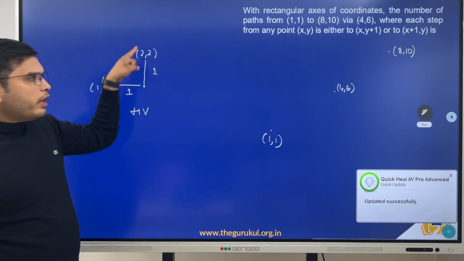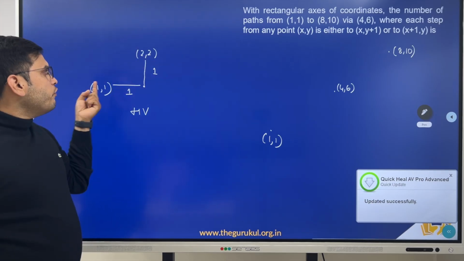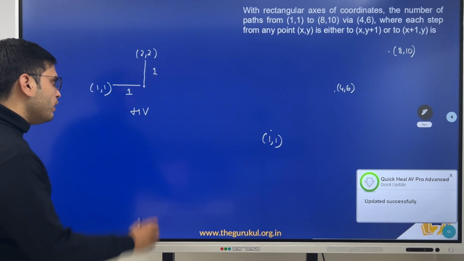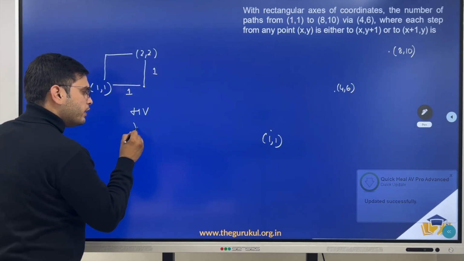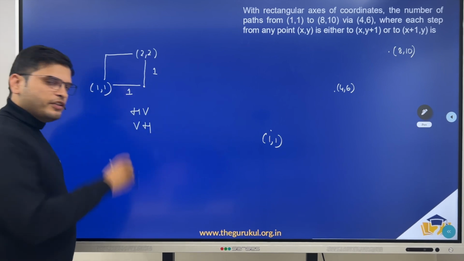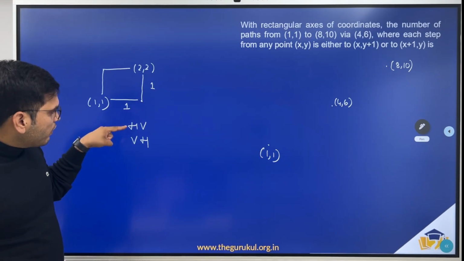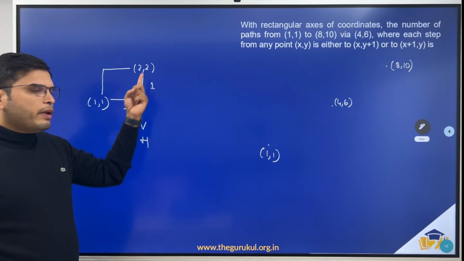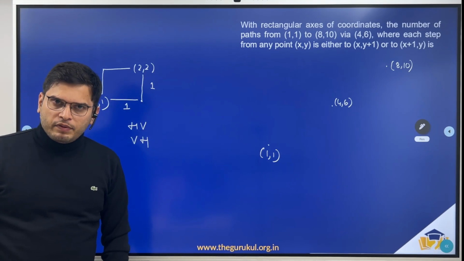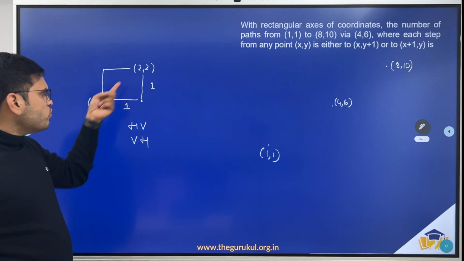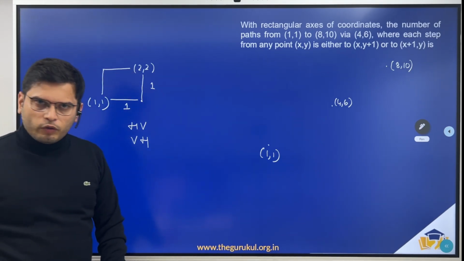Similarly, first I can move along the vertical direction and then horizontal. So either you take one horizontal step and one vertical step, or one vertical step and one horizontal step. Taking any of these two, you will end up reaching 2, 2.